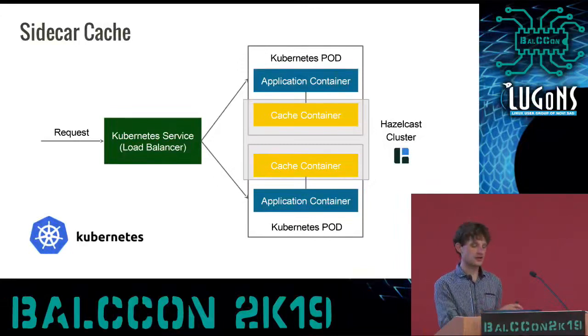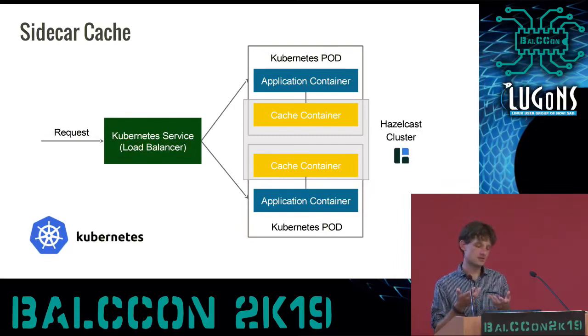to container-based environments. So in Kubernetes, a deployment unit is called a pod. And a pod contains one or more containers, which are always deployed on the same physical machine. So usually a pod contains just one container.